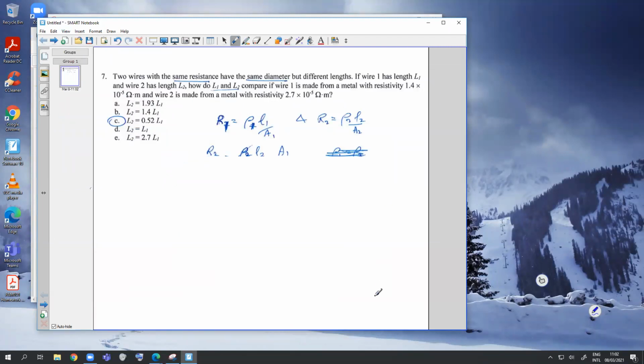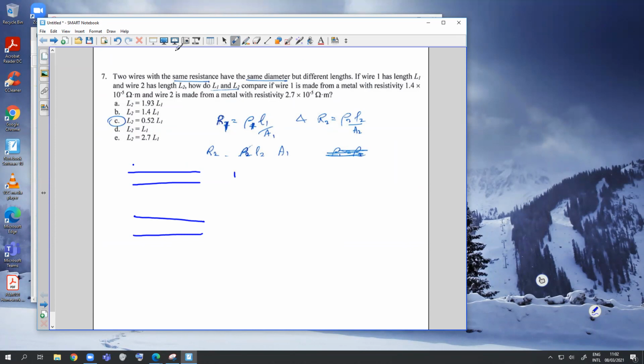Okay, so here we are. Two wires having the same diameter, D1 equal to D2, but different length, L1 and L2. How do L1 and L2 compare if wire 1 is made of metal with resistivity ρ1, and wire 2 resistivity ρ2? So it's just simply going to be this equation, right?